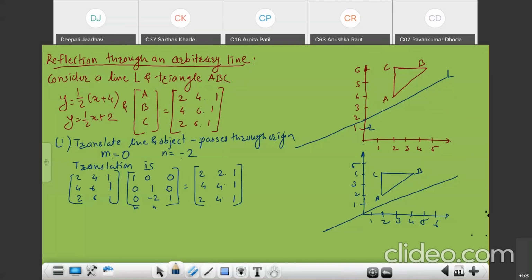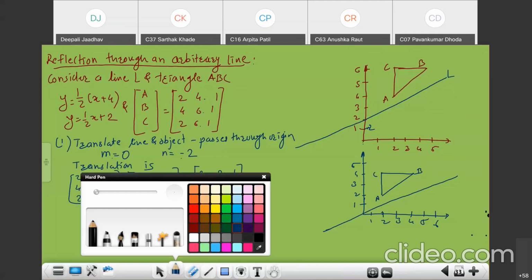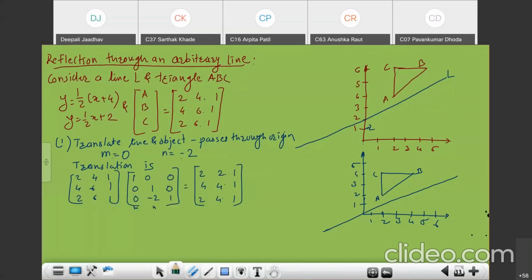The next step is that we need to rotate the line and the object so that they are coincident with the x-axis.